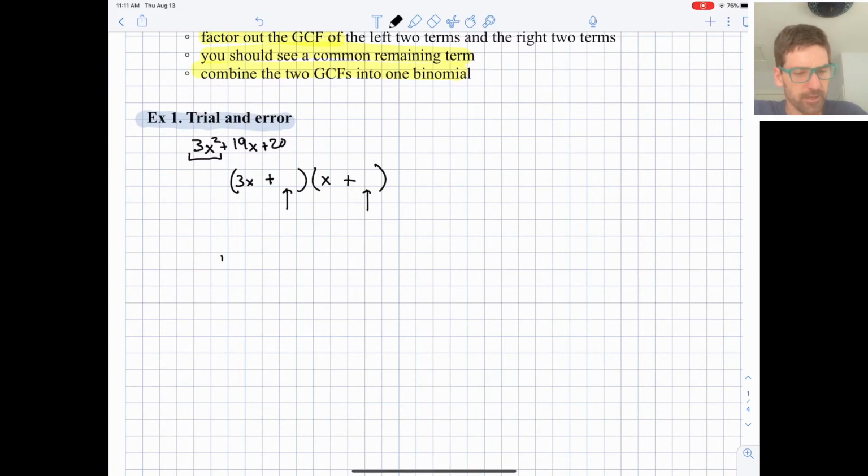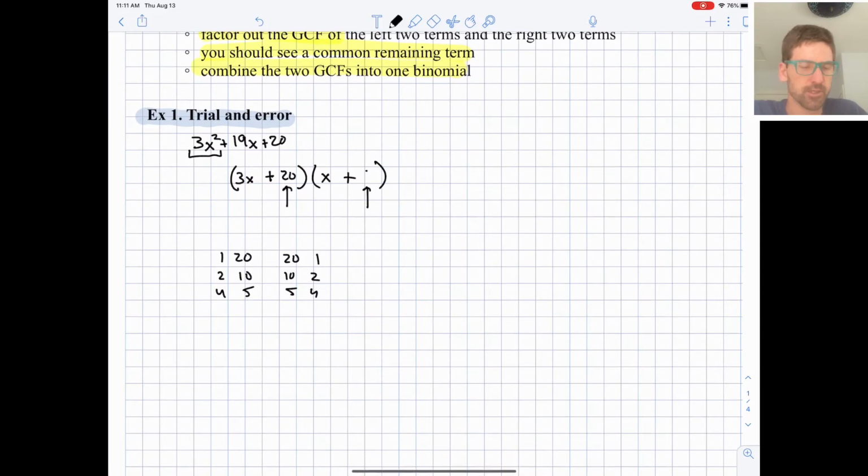So factors of 20 are 1 and 20, or 20 and 1, 2 and 10, or 10 and 2, 4 and 5, or 5 and 4. So we have those 6 possibilities, and I wrote out, for example, the 1 and 20 different from the 20 and 1, because if we put a 1 and 20 here, that's not going to FOIL out to get what we want, but we still might want to consider putting a 20 and then a 1 in here.